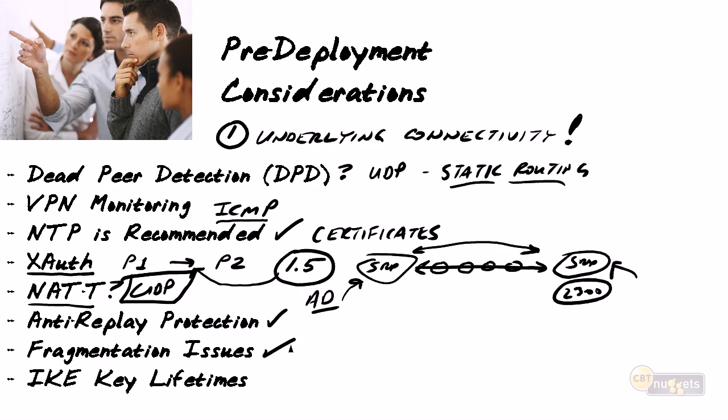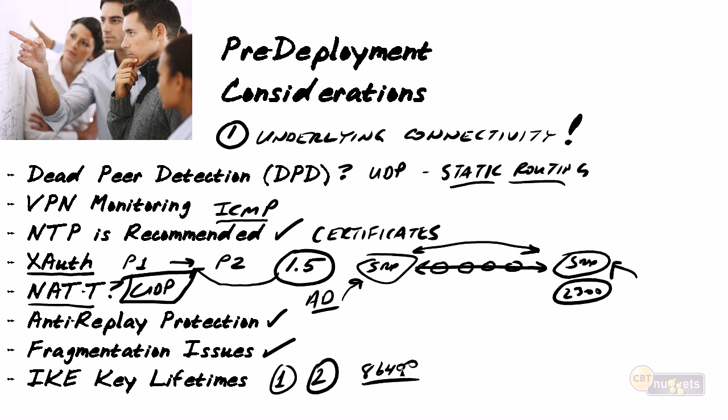And then finally, there's the IKE key lifetimes. You're going to create keys in IKE Phase 1 and IKE Phase 2, and you want to determine how long those keys are going to be valid for. Okay, what's the lifetime? Sometimes you have an entire day, 86,400 seconds. Sometimes it can be longer, sometimes it can be shorter.